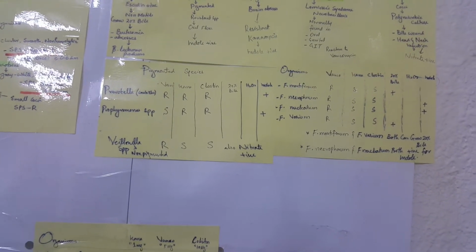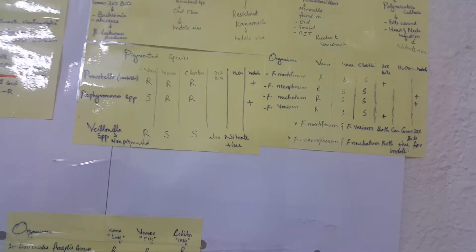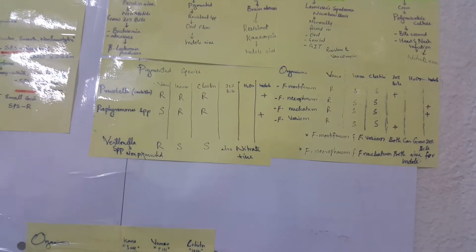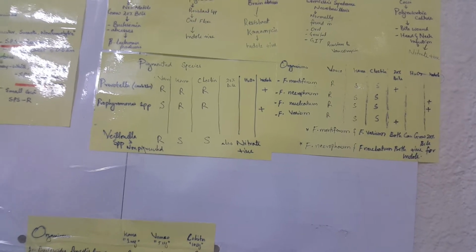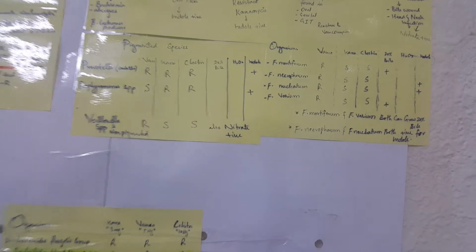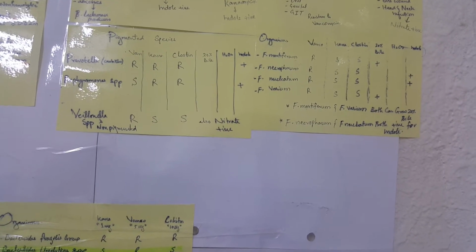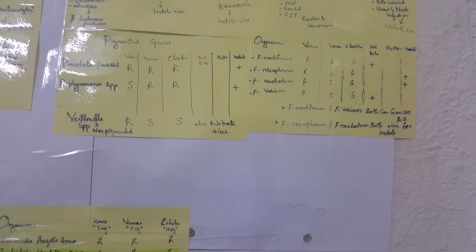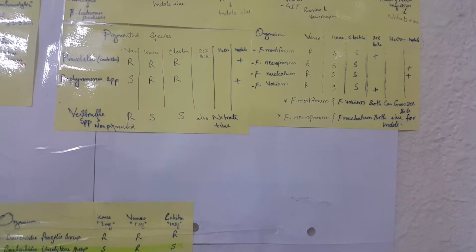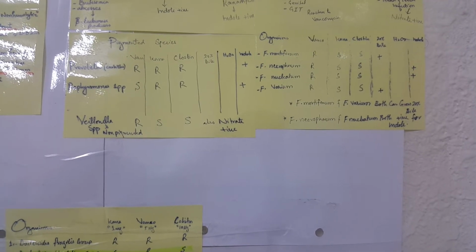There are 4 species of Fusobacterium: Fusobacterium mortiferum, Fusobacterium necrophorum, Fusobacterium nucleatum, and Fusobacterium varium. Fusobacterium mortiferum and Fusobacterium varium both can grow on 20% bile, and Fusobacterium necrophorum and Fusobacterium nucleatum are both positive for indole. As you know, this whole group is resistant to vancomycin.